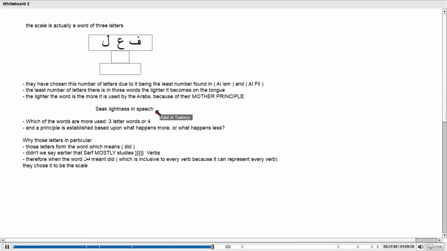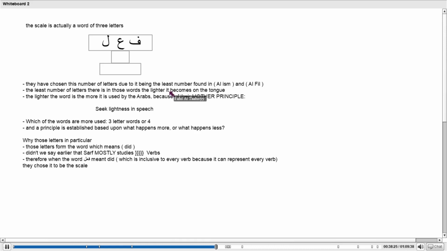Even less. What about بزرجمهر? You never heard such a name. It exists, but you never heard it. Why? Because the more letters there are, the less it is used. So, because of this mother principle, the fewer the letters, the more the word is used.